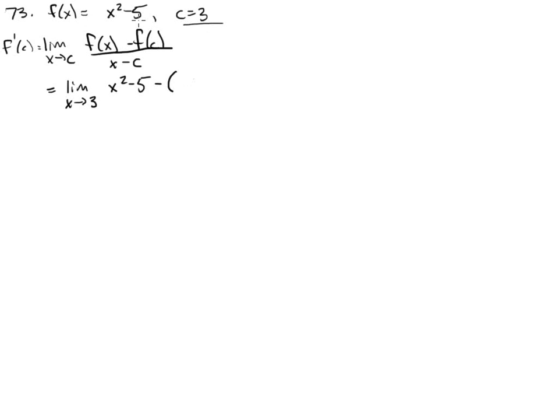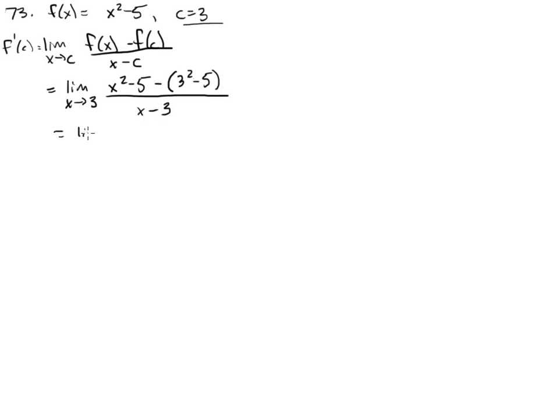One thing that we can do is the direct substitution there of 3 squared minus 5, divided by x minus 3.